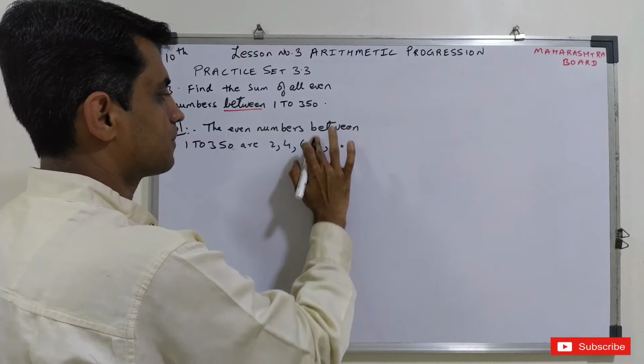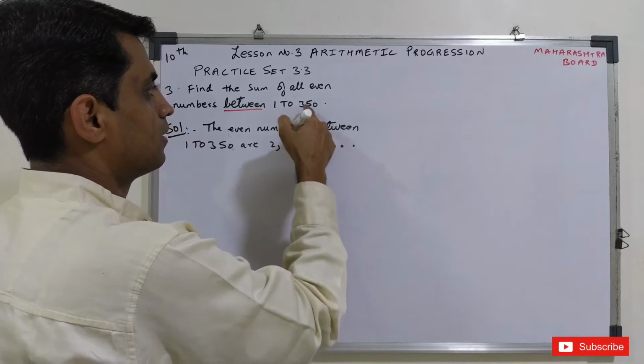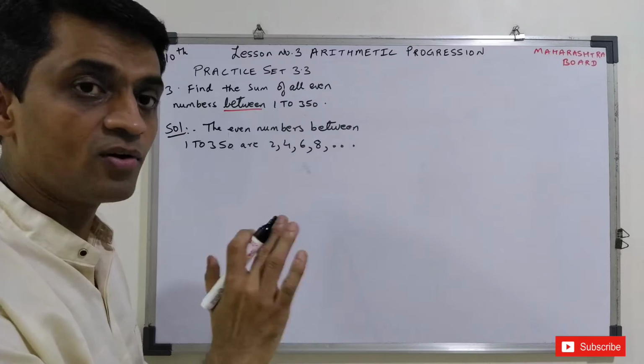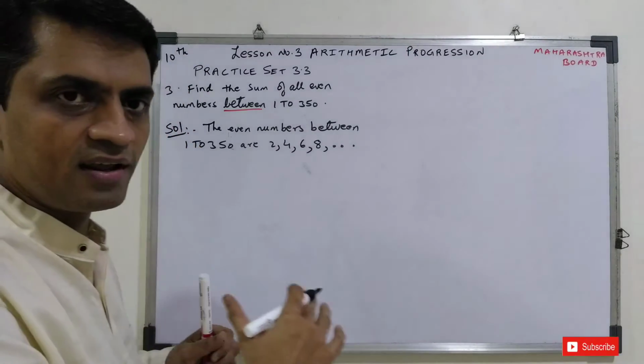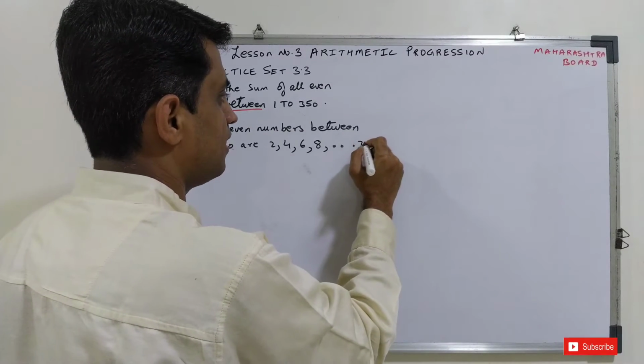What will be the last? 350 cannot be taken. It is even, but you can't take it because between is used. 349, no. 348, yes. So the last number will be 348.